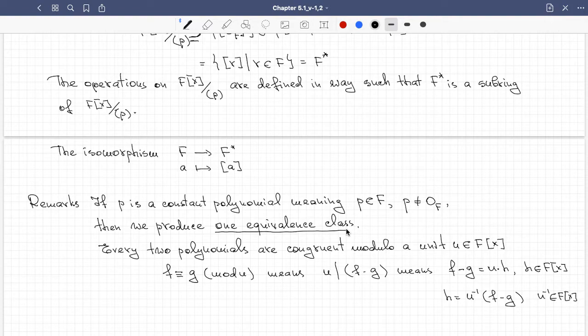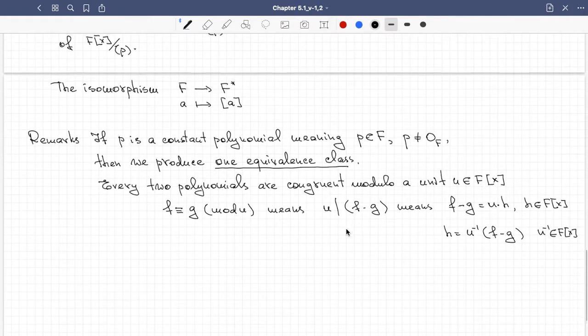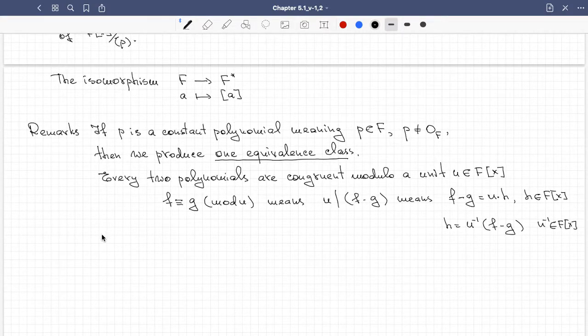Alright, now we can introduce the operations and you can check it, but the right guess is correct. What you produce is a ring out of one element. There is only one element, one ring out of one element. This is the zero ring.